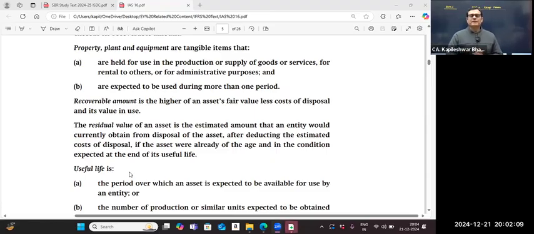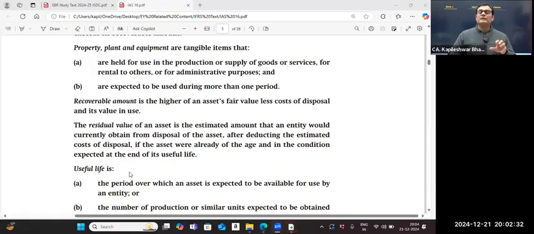Now, the interesting part is that investment property is not covered under this standard. It is covered under IS 40. But when it comes to depreciating an investment property, it is depreciated under IS 16. I hope you got my points very clear. Owner occupied property is completely accounted under IS 16.